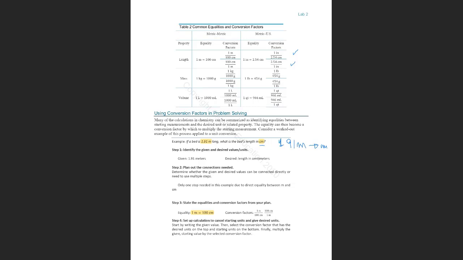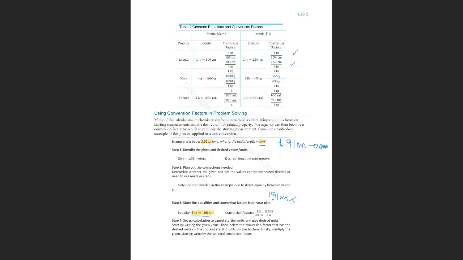I always write an arrow here, and I say, okay, I have to convert meters into centimeters. That's the first thing. Then I have to find the equality. The equality is right here. 1 meter is 100 centimeters. And once I have that, I basically write 1.91 meter.